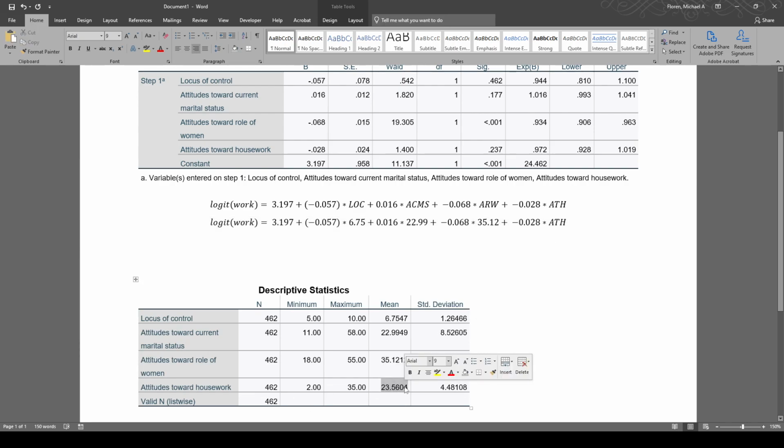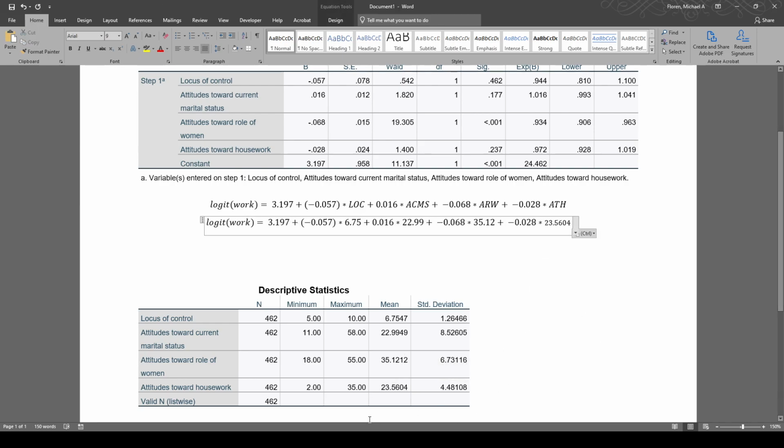In any case, the last one, attitudes towards housework, is this 23.56.